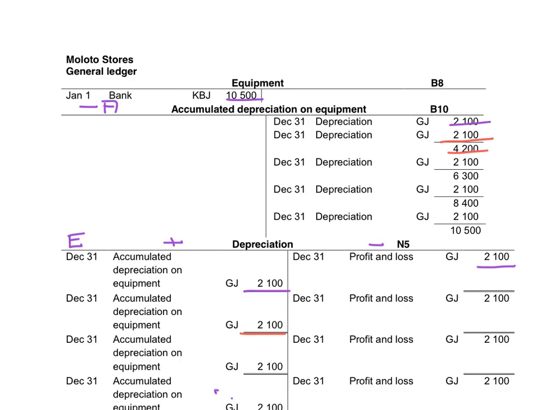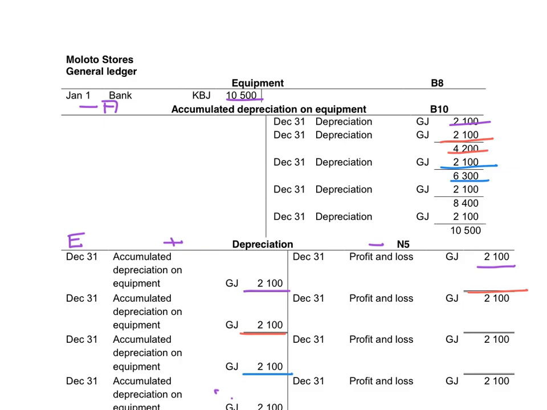And I will close off this depreciation to the profit and loss account, 2,100. In the third year, I will write off depreciation again, 2,100. I will credit accumulated depreciation, add the two together to see that the total accumulated depreciation is 6,300.